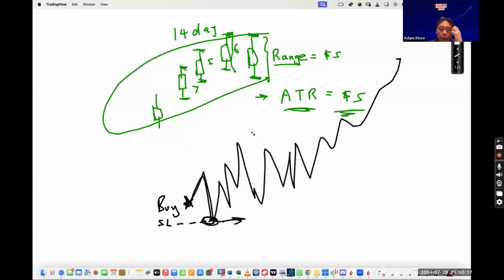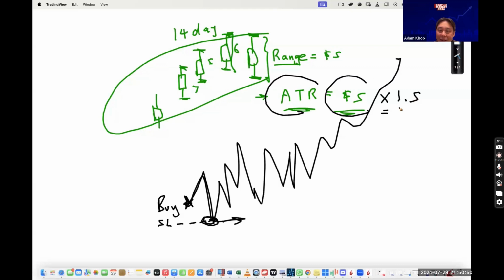So if you know that this stock has an ATR of $5, that means the stock moves $5 a day, then your stop loss has to be what? Has to be more than $5 away, correct? So you get the point? Once you know the ATR of a stock, you must multiply it by 1.5. So 5 times 1.5 is, sorry, I'm not good at mental maths, 7.5.